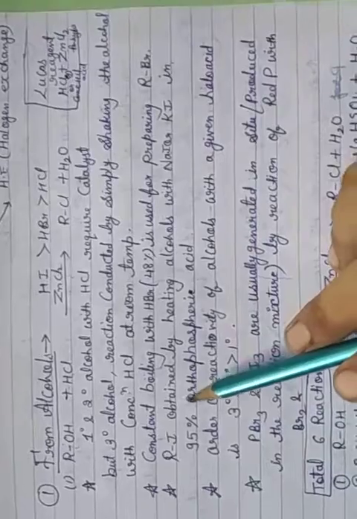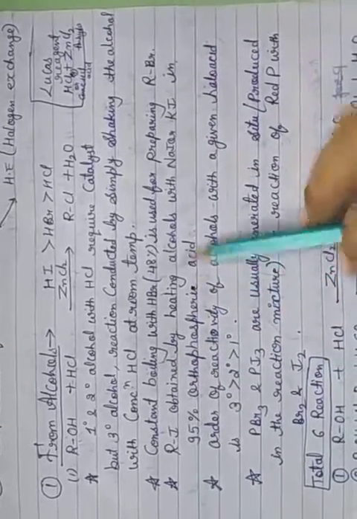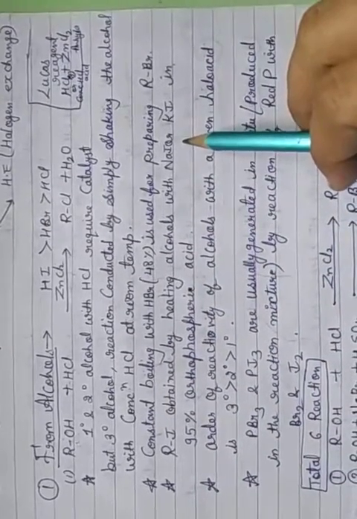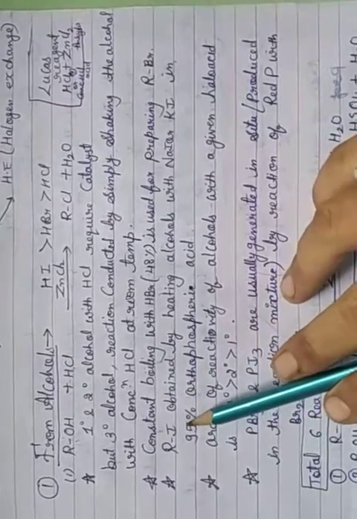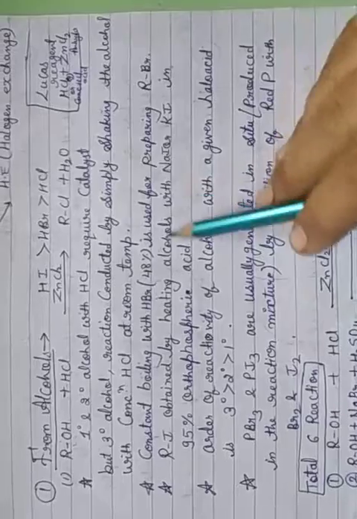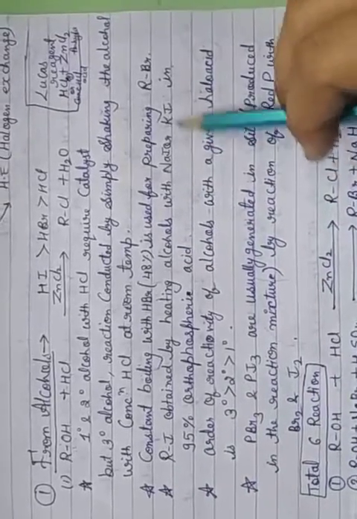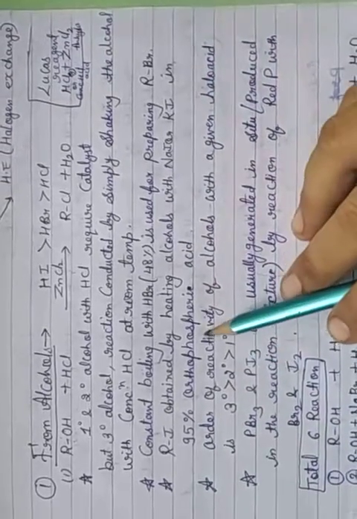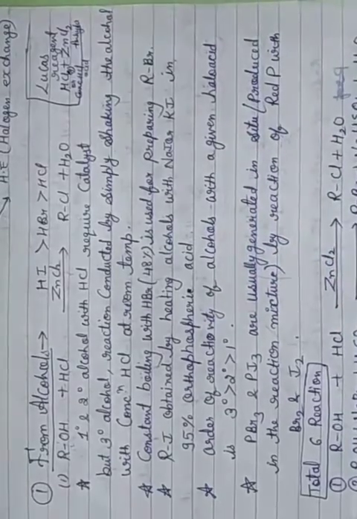Then RI is obtained by heating alcohol with sodium iodide or potassium iodide in 95% orthophosphoric acid.